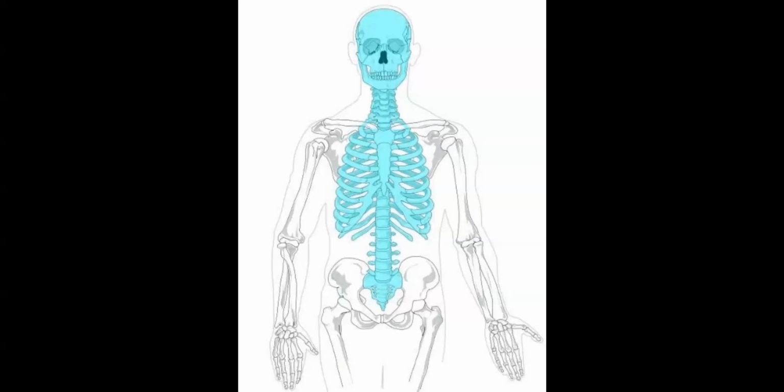How many bones are present in an adult human body? 206, correct, Rudra.